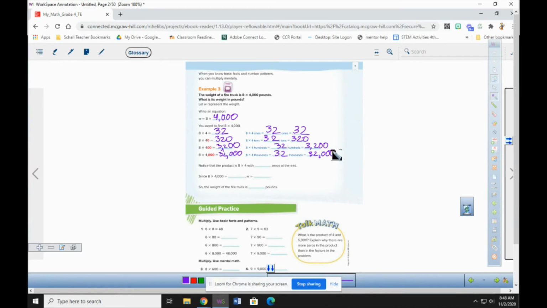So you'll notice that the product of 8 times 4 here, and then it has 3 zeros at the end, since 8 times 4,000 is 32,000. W equals 32,000. And that was 32,000 pounds.